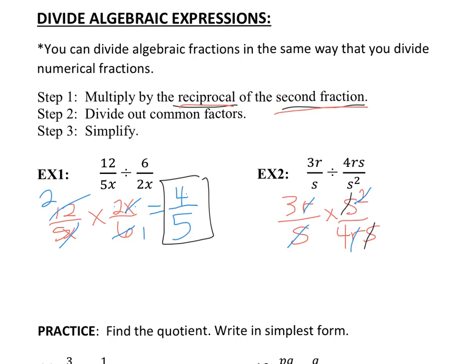So my final result ends up being 3 over 4. So just like in numeric problems, you can cross cancel as well as divide out variables as well.